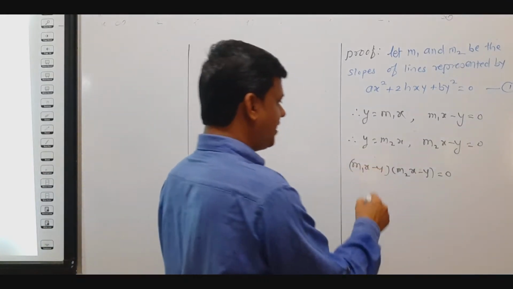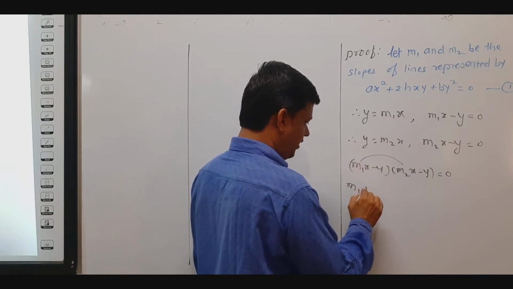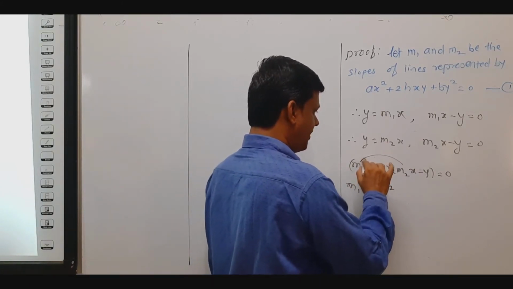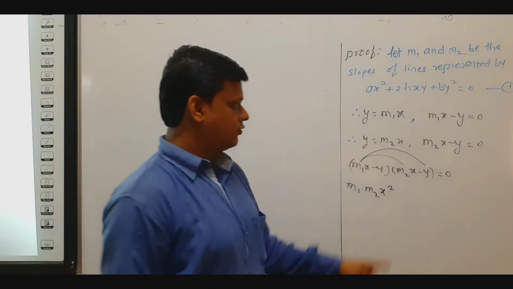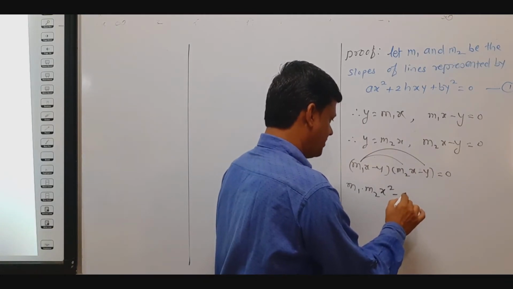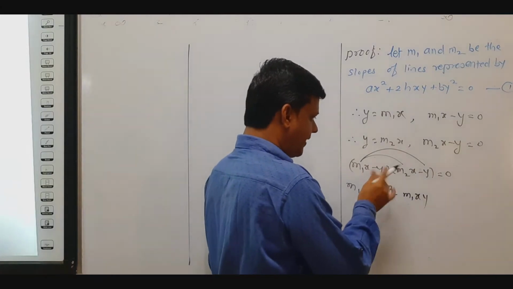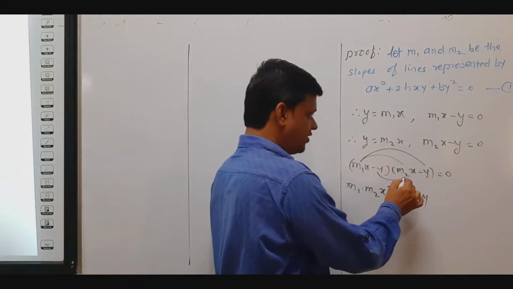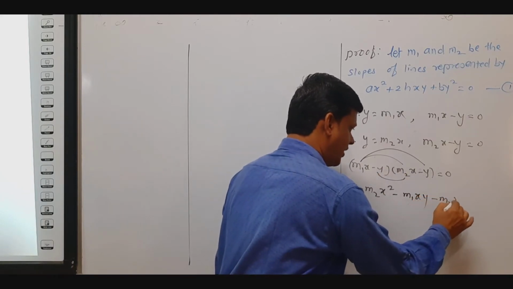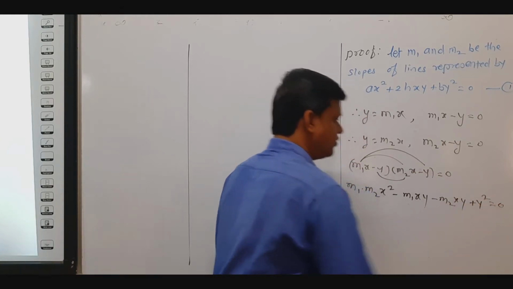So after multiplying these two brackets, we get m1 into m2 x square, then multiplying the first term by the second term of the second bracket, minus m1 xy, then multiplying minus y by the first term of the second bracket, minus m2 xy, then minus minus plus y square equals to 0.